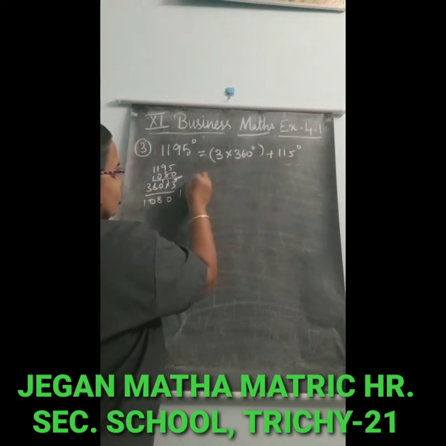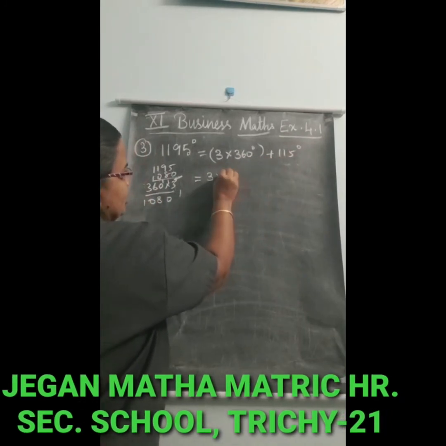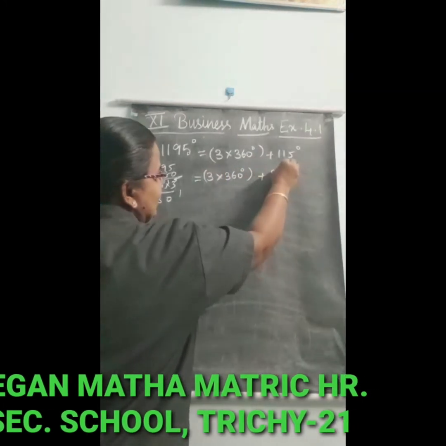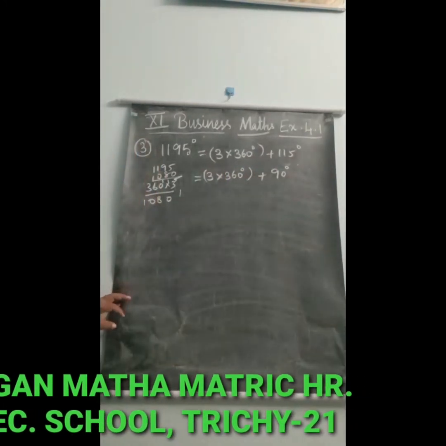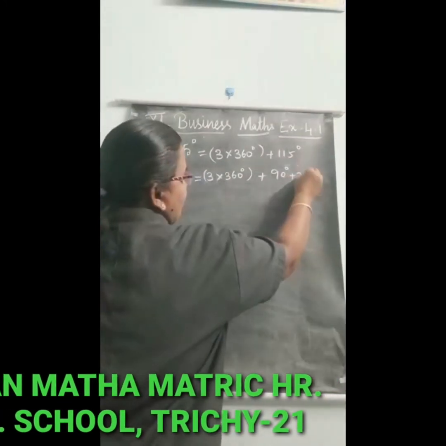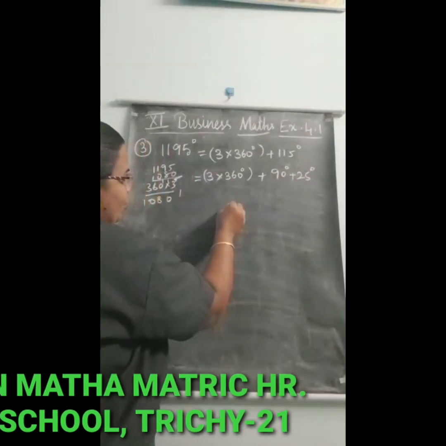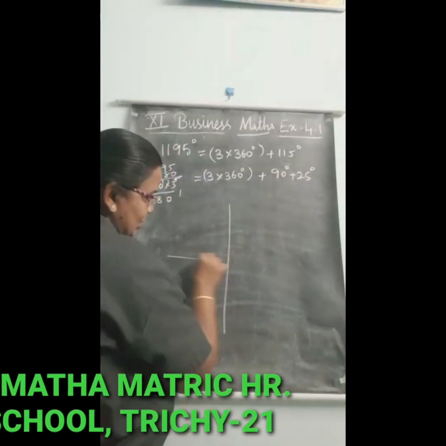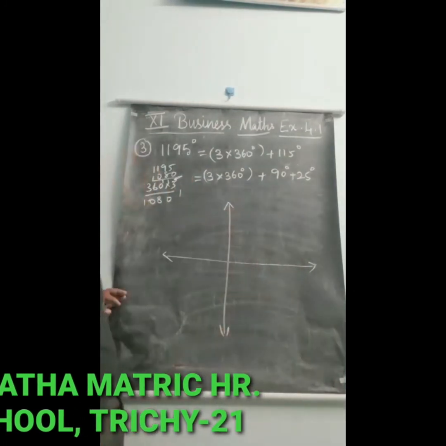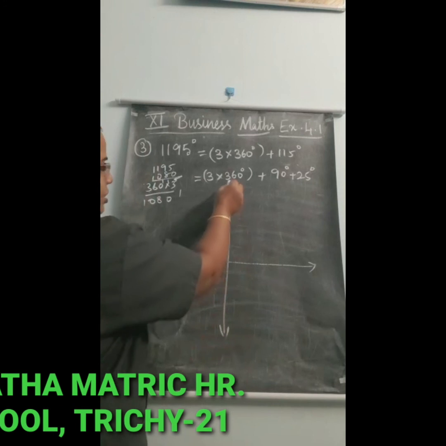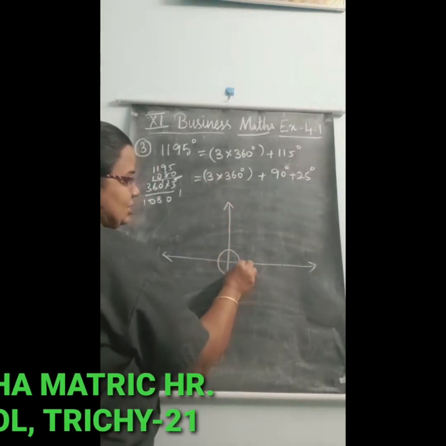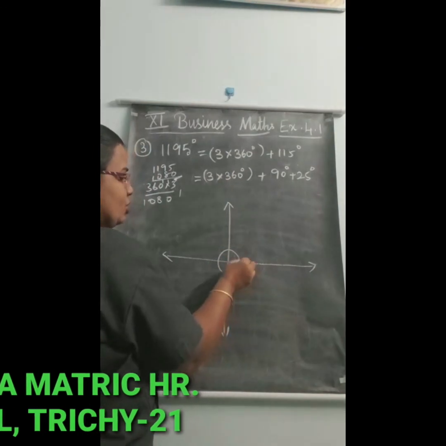This 115 we also split into 90 degree plus 25 degree. Now we check in which quadrant 1195 lies. Three times one completion of 360, so you have to draw three rounds.